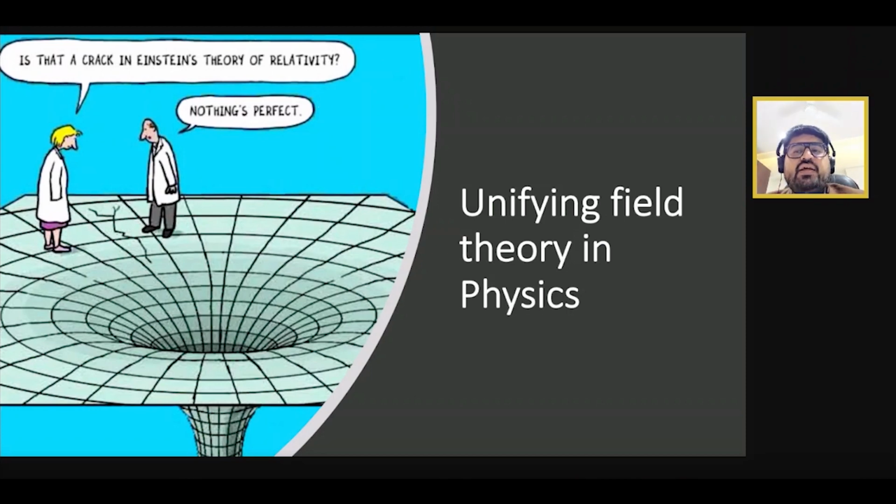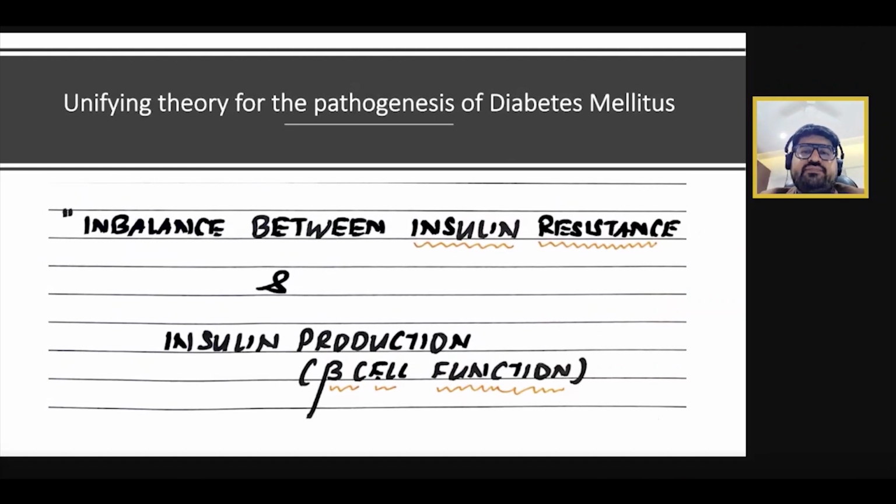They tried to say, what are the unifying forces? Is there a formula by which you can explain all the forces of the universe? Unfortunately, neither Einstein nor the other physicists in their lifetime were able to achieve this. But with diabetes mellitus, we have an understanding of the pathogenesis with which we can unify the various forms of diabetes and try and understand it from one single context.